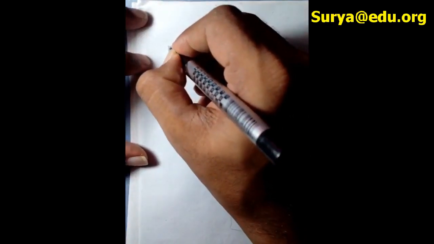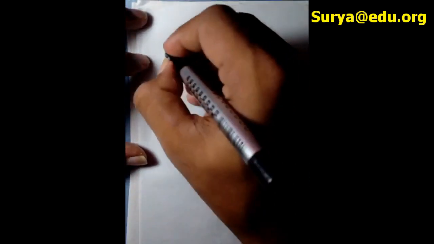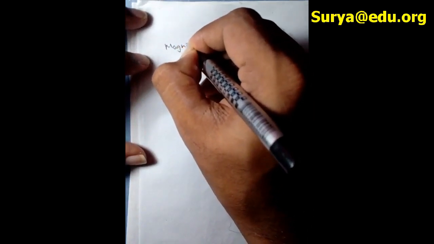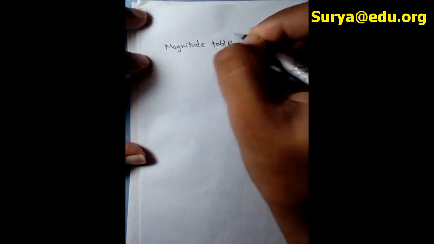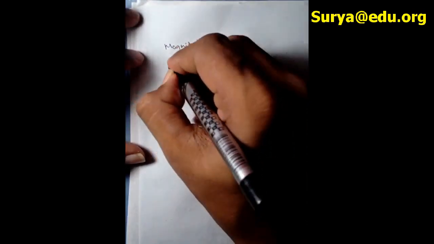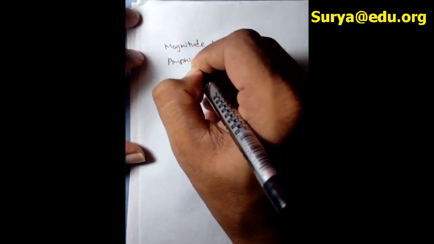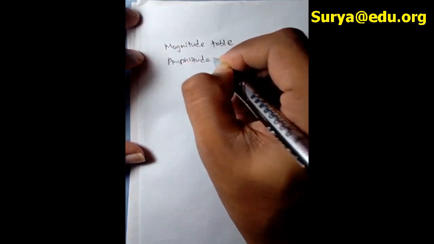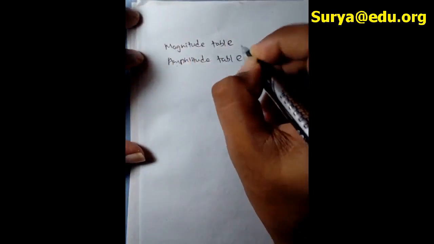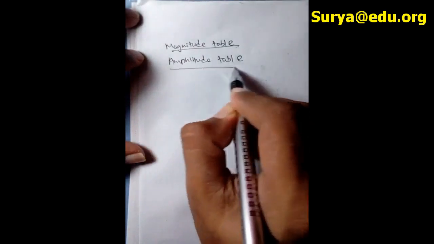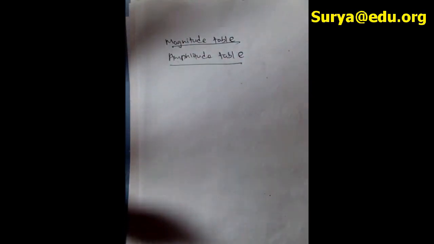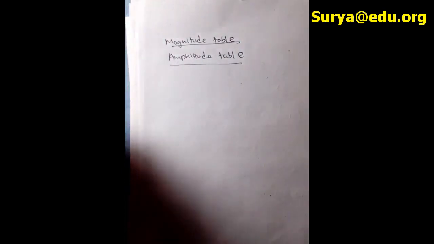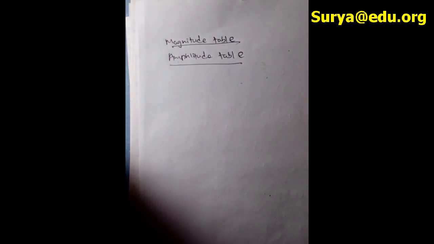Okay, so now let's say the next table is the magnitude table, or we can also say amplitude table. Okay, so now we basically know we could get only two corner frequencies.